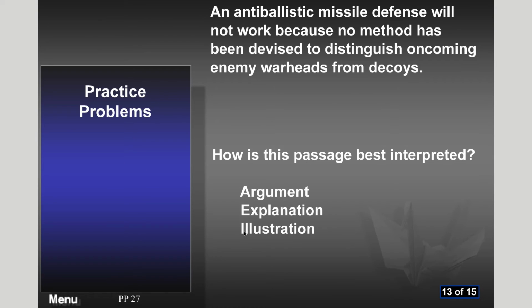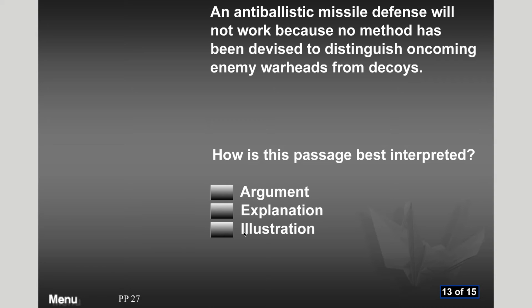So here's another practice problem. An anti-ballistic missile defense will not work because no method has been devised to distinguish oncoming enemy warheads from decoys. How is this best interpreted? Well, this sounds like something that can't be an explanation. Why? Because this is not something that has been generally accepted, that we can't develop an anti-ballistic missile defense system.